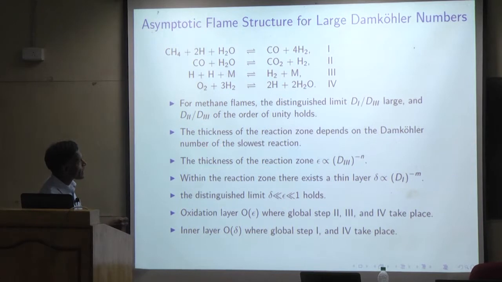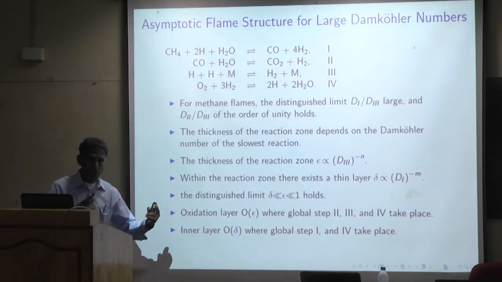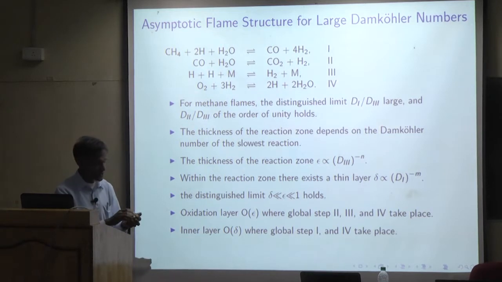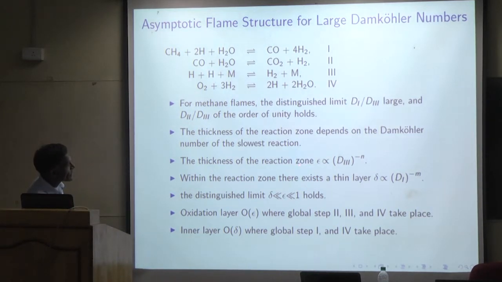Now the thickness of the reaction zone, the thickness where these reactions take place, depends on the Damköhler number. The larger the Damköhler number, the thinner the reaction zone. So you can see that, looking at this ordering, D1 is very large, and D3 over D2 is of order unity. So D3 is smaller than D1.